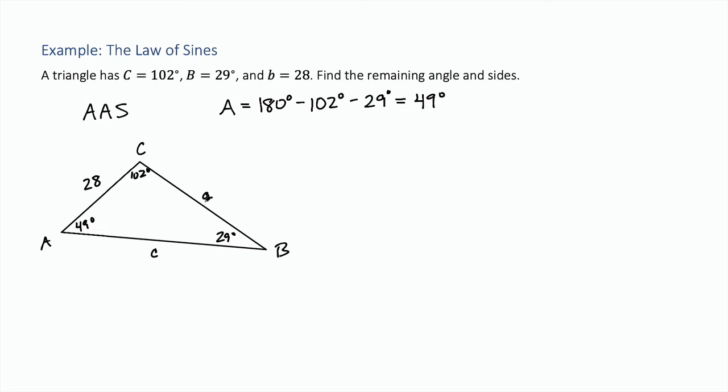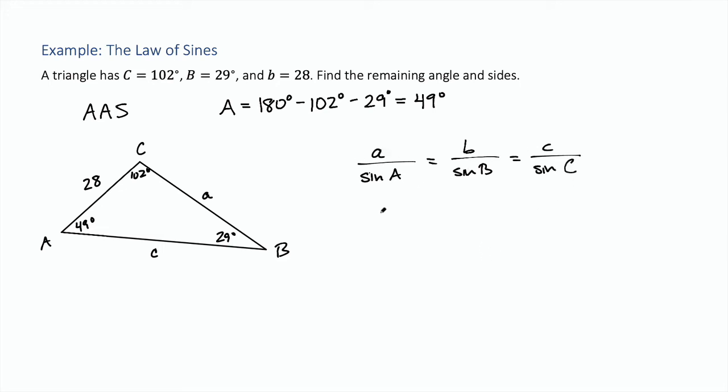Now, because we're solving for side lengths here, the form of the law of sines which has a side length in the numerator is going to be a little bit easier to use. So I'm going to use a over sine of A equals b over sine of B equals c over sine of C. And we can plug in everything that we know.